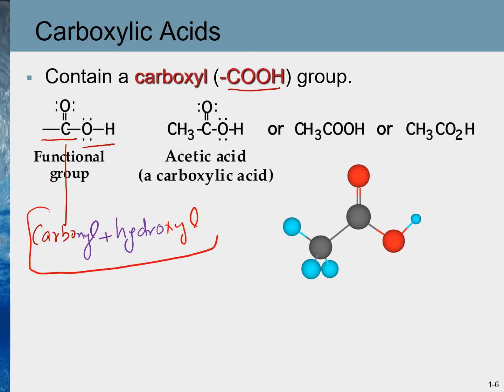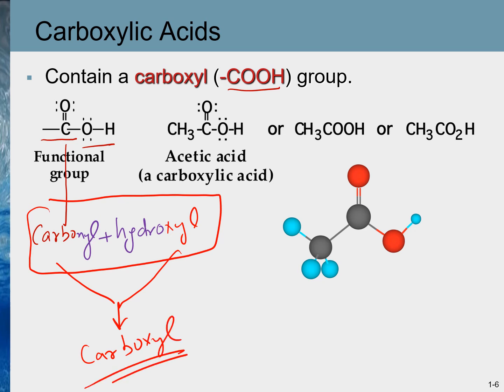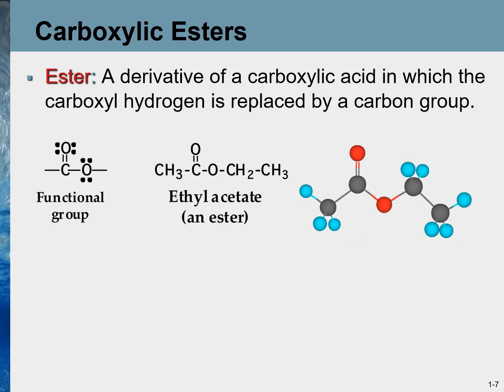Therefore, combining these two, we get the name carboxyl. Acetic acid is an example of an organic compound containing a carboxyl functional group.